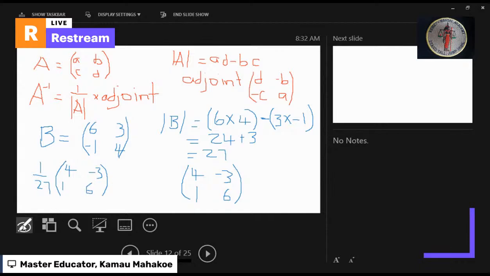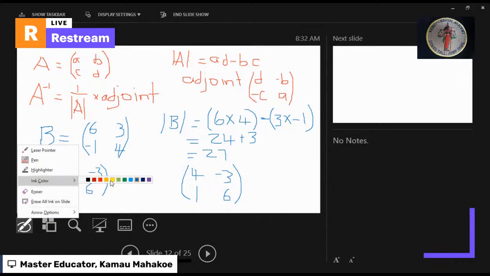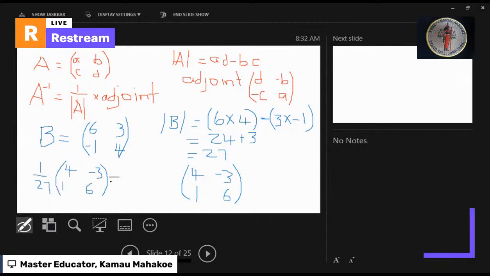So the final answer for this then will be equal to 1 over 27 times 4 is 4 over 27. 1 over 27 times negative 3, the negative 3 cancel the 27, so that's negative 3 into 27 goes 9 times, so negative 1 over 9.